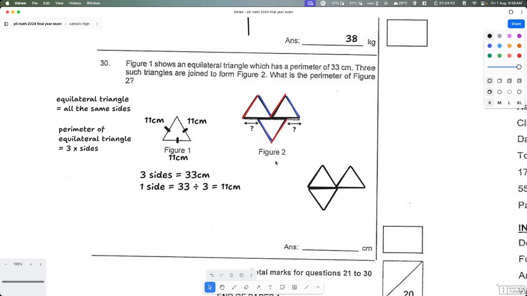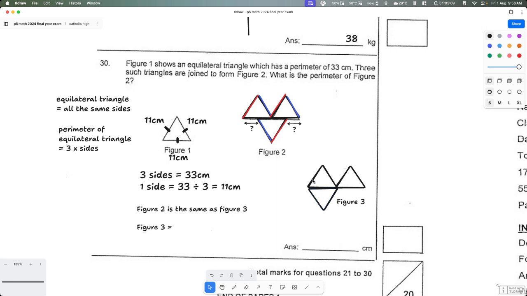So this is, I would say, figure 3. Figure 2 is the same as figure 3, and figure 3 has how many sides?